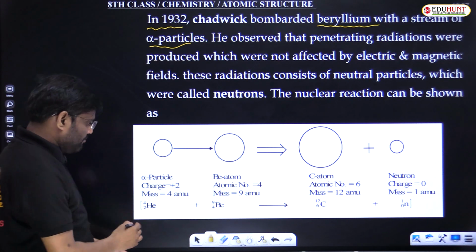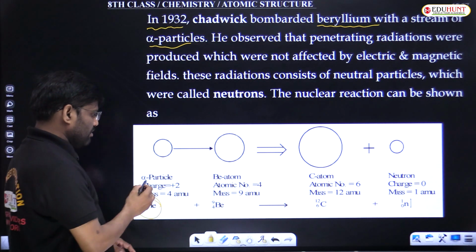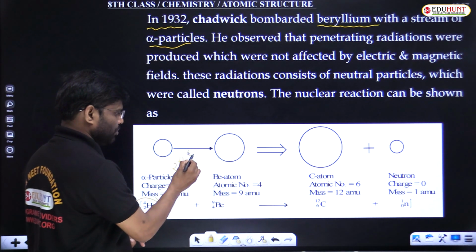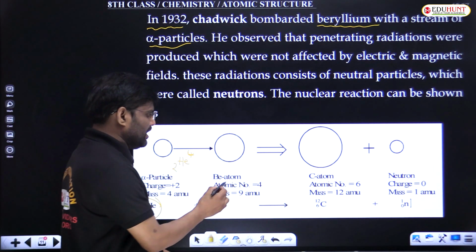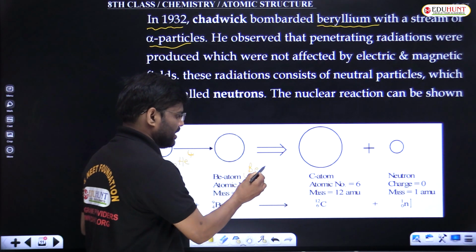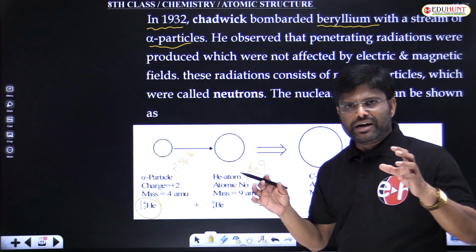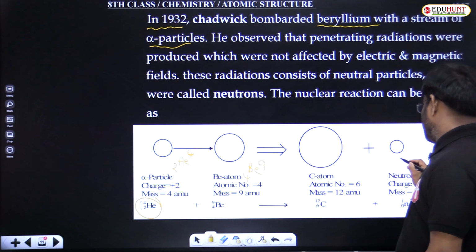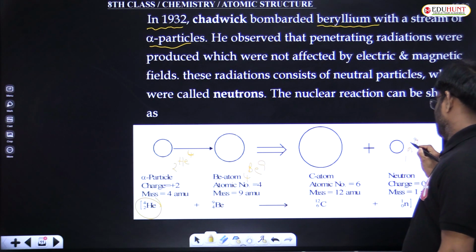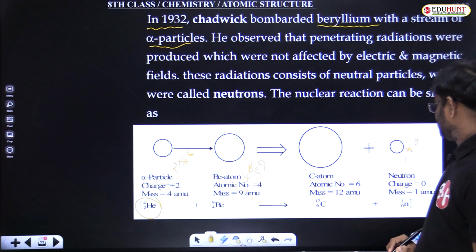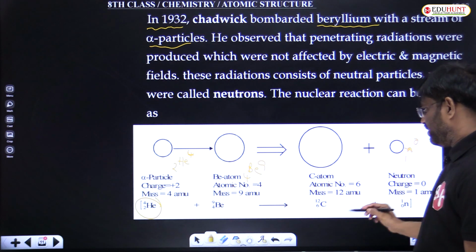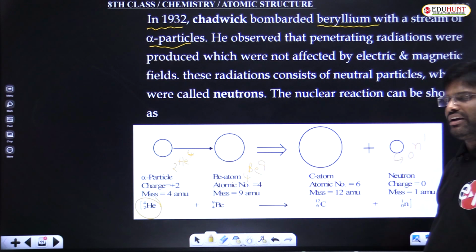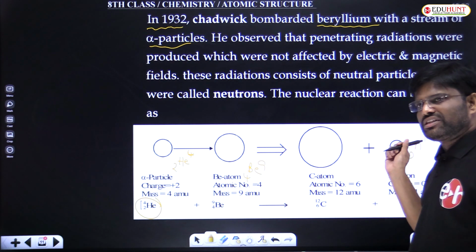The alpha particle is nothing but a helium particle, 2He4, bombarded with the beryllium particle, Be9 4, and it produces the neutron, 0n1. This is the neutron. The charge is 0, mass is 1.